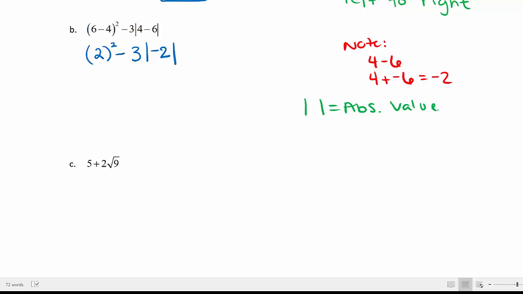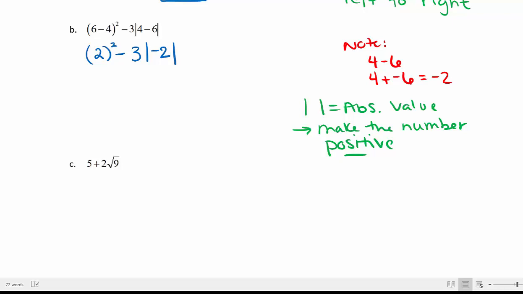Or I think the simplest way of thinking about it is you make the number positive. So if the number is negative, you make it positive. If the number is positive, it stays positive. So absolute values, those straight bars, just make numbers positive.